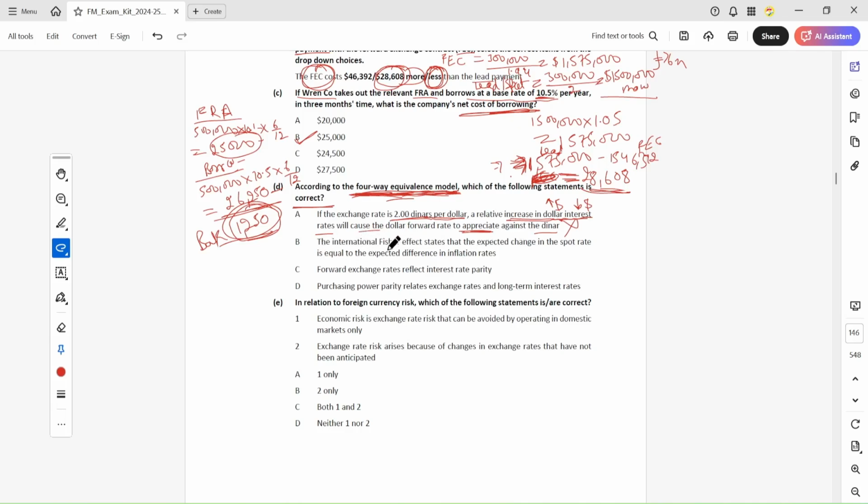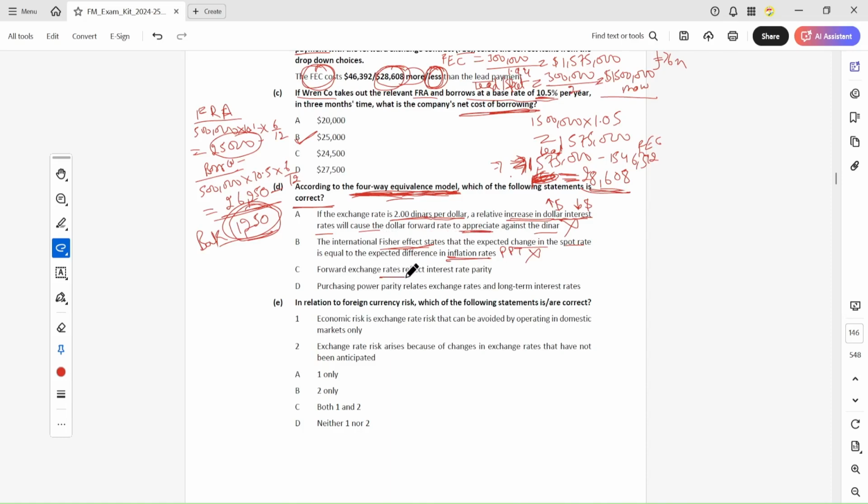The International Fisher effect states that the expected change in spot rate is equal to the difference in inflation rates. No, it's purchasing power parity that says this. This is not correct.